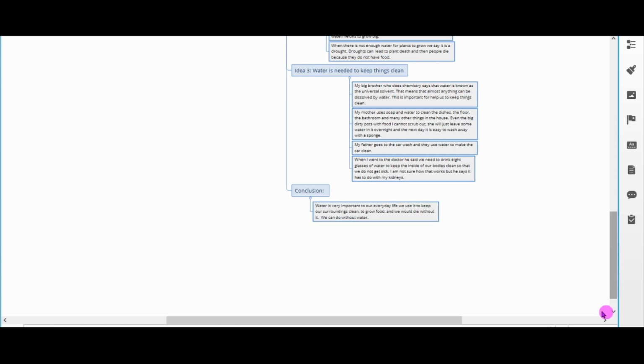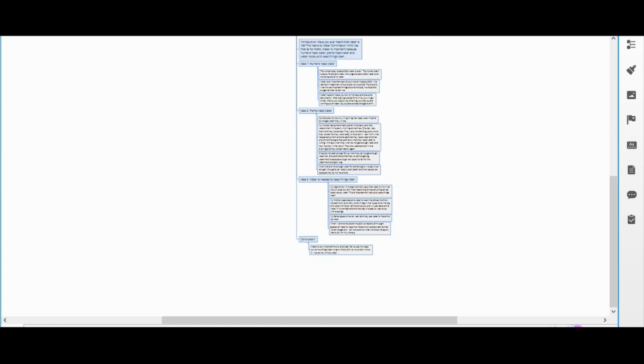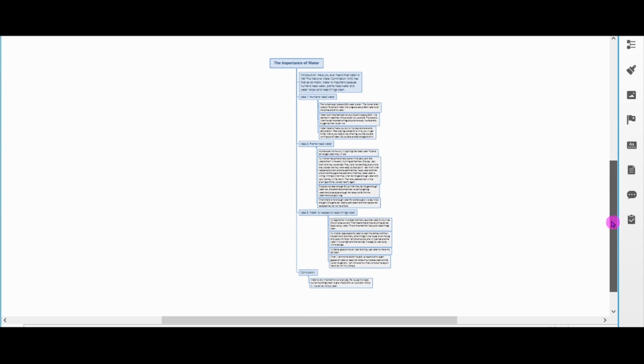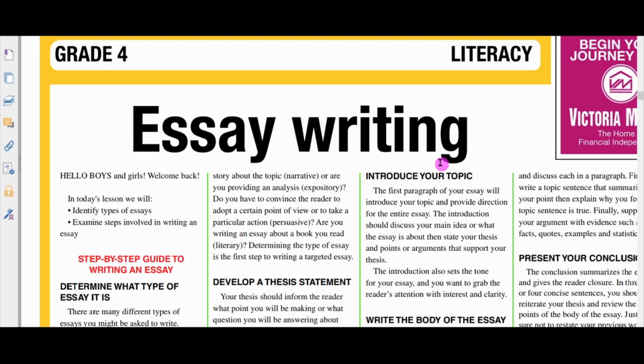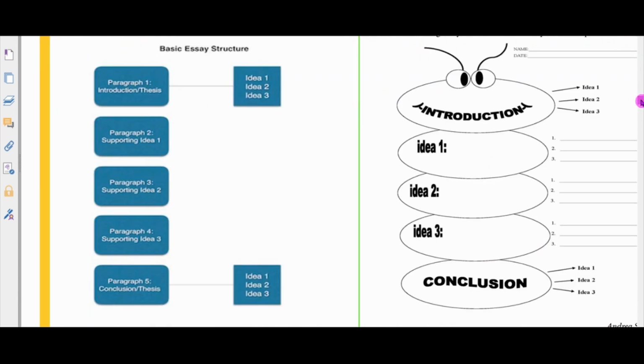So that is basically how it is that we are expected to do a simple essay. So to wrap this one up, in this episode we were looking at essay writing, and there is a step-by-step guide that was presented as to how we can make our essays better by following these simple instructions.